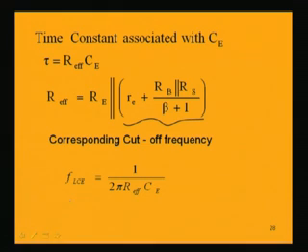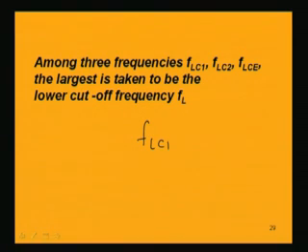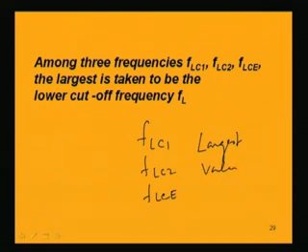So, in order to find out the overall cutoff frequency of the amplifier, considering all the 3, we will take the largest value of all these lower cutoff frequencies. That means, out of FLC1, FLC2 and FLCE, we will be taking the largest value, and that is the overall or the final lower cutoff frequency of the amplifier.